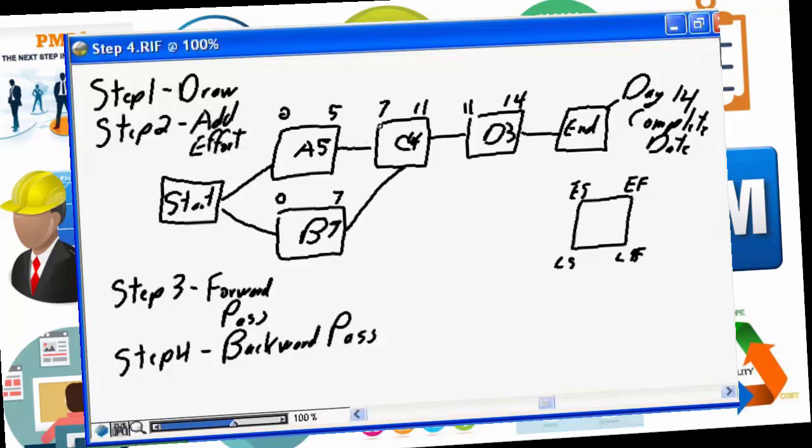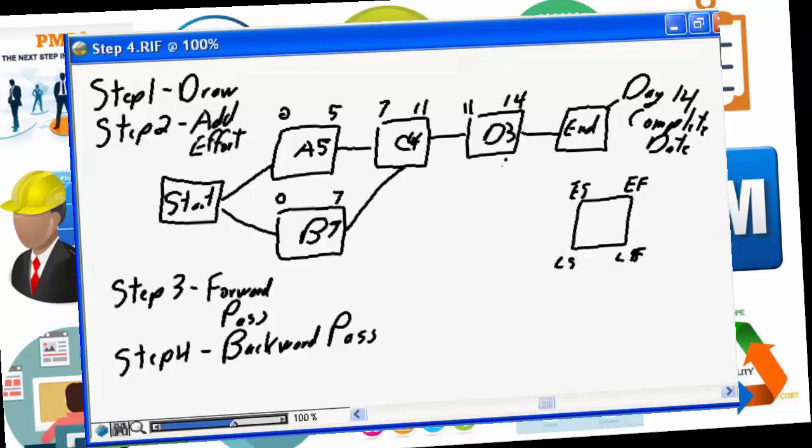It's basically a repetition of what we did in step 3, but we're going to work in the opposite direction from the end of the project back towards the start, and we're going to calculate what the latest possible start date and the latest possible finish date for our project is going to be, allowing us to preserve the completion date of 14.